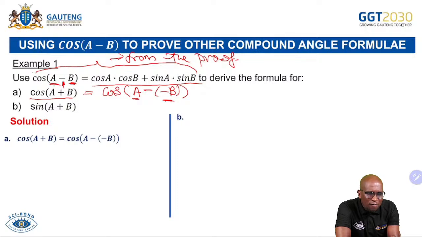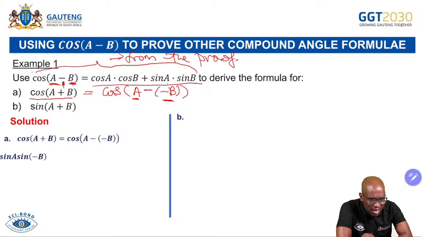Which means if we have the first angle, subtract the second angle, in order to write it as an expansion, it's the cosine of the first angle, the cosine of the second angle, plus the sine of the first angle multiplied by the sine of the second angle. So we need to do the same here as well.